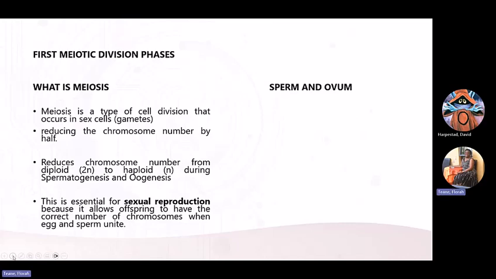So if these chromosomes were left the way they are, if each sperm and each egg cell had 46 and 46, it would be 92. It would be an abnormal human being. So one important role of meiosis is to reduce the chromosome number from diploid to haploid.